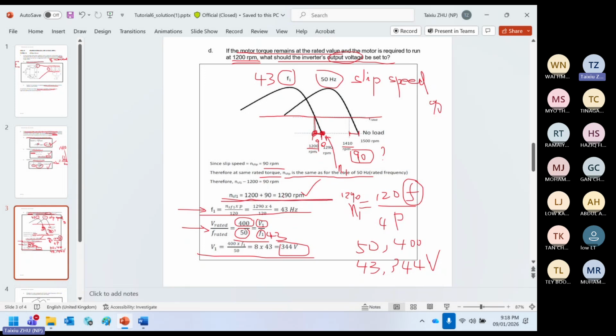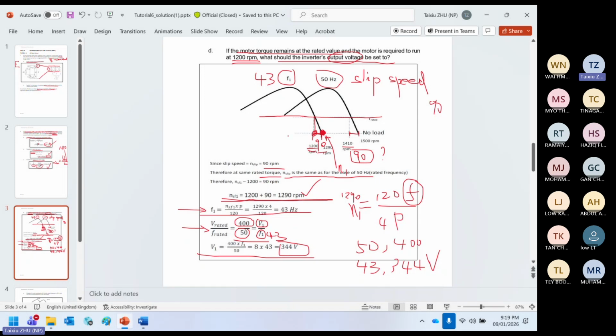If your motor now runs at 1200 RPM, with the constant slip speed, your synchronous speed must add them together: 1200 plus 90, 1290.